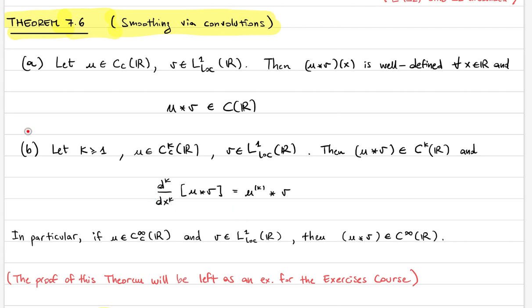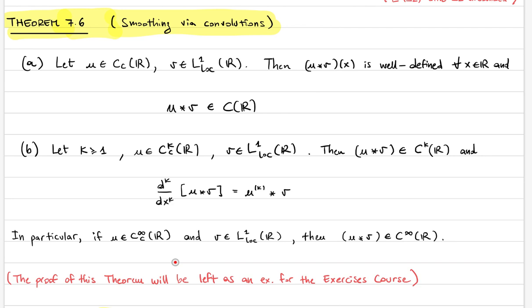In particular, as a consequence of B, since k is arbitrary, if you have a function u which is C infinity and compactly supported and v is in L1 loc, then the convolution is itself a C infinity function, and this formula holds for every order of derivation k. And again, the proof of this theorem will be left as an exercise for the exercise course.